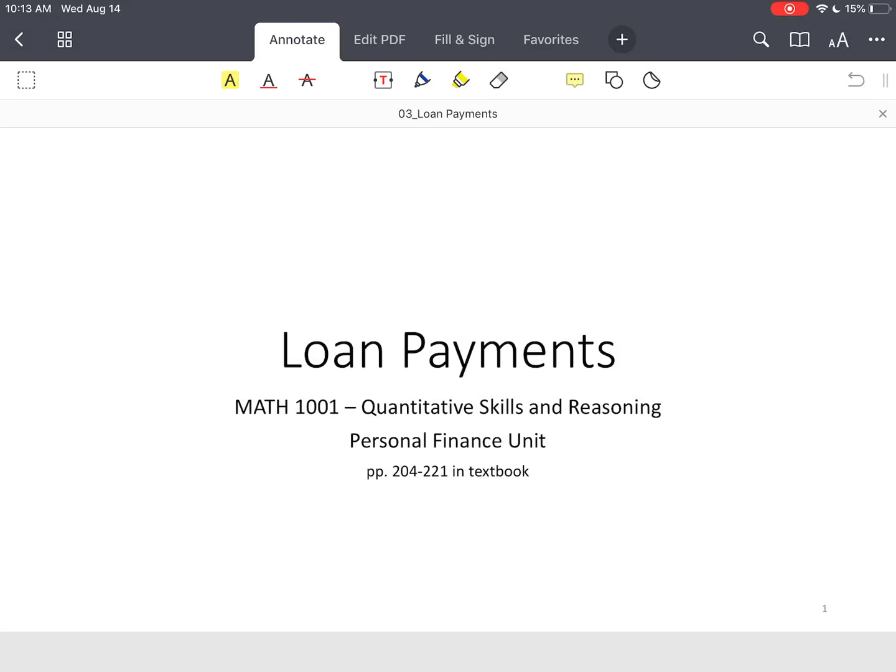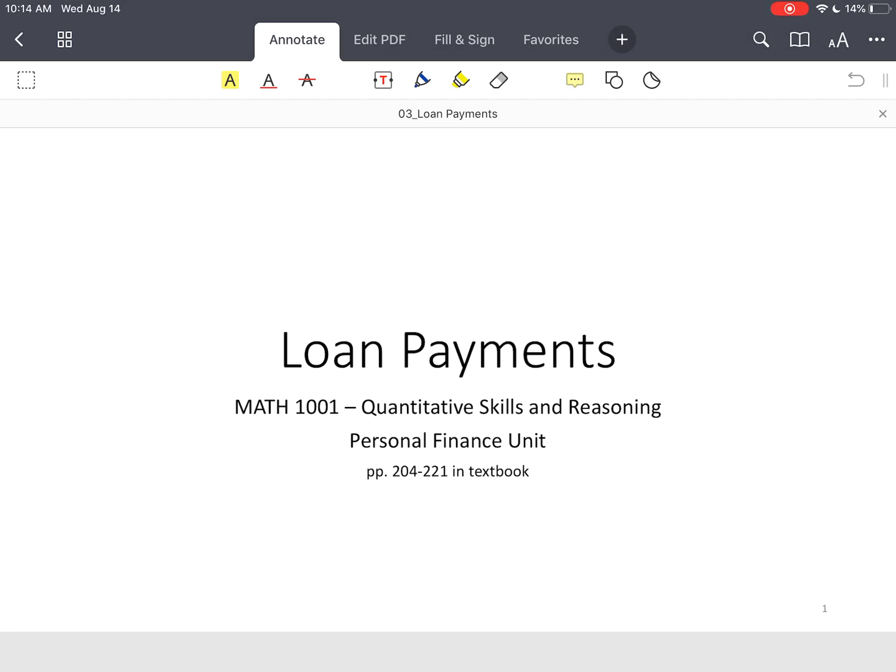All right, this is a review of how to figure out loan payments. Anything that you borrow money for, you're going to end up having to figure out how much you're going to pay a month, which most people get stuck on. I'm going to show you a couple of questions you should really be asking yourself when you go out to buy a house or a car or a boat or a motorcycle.